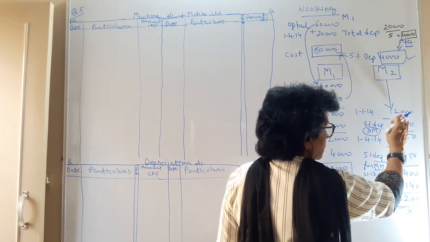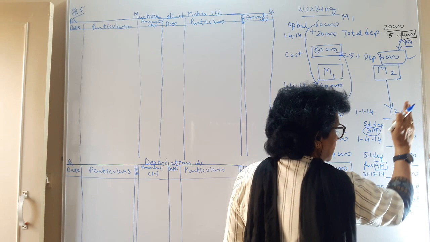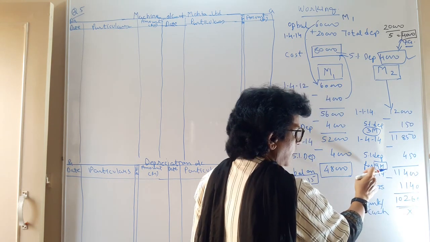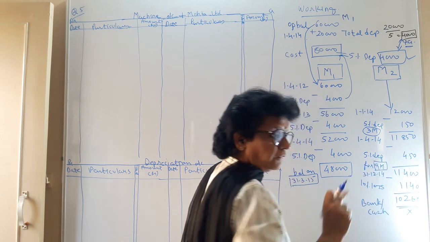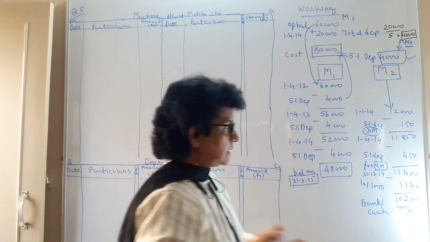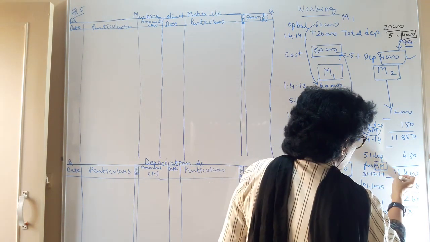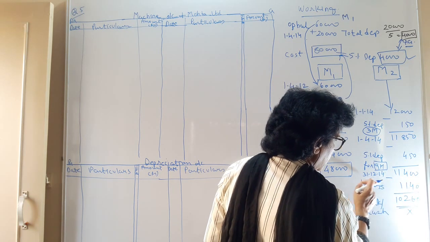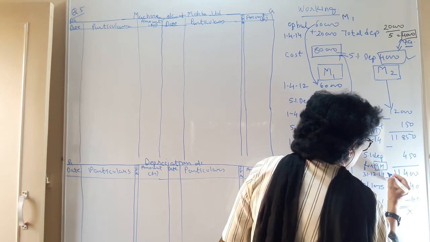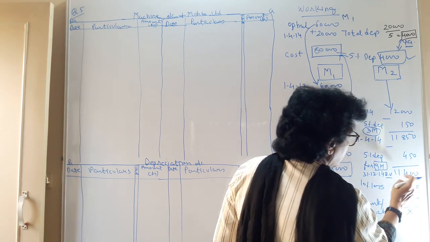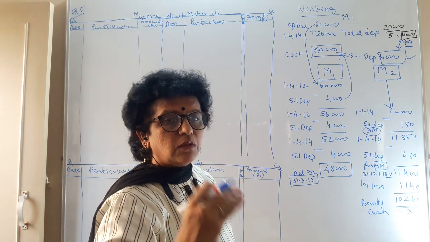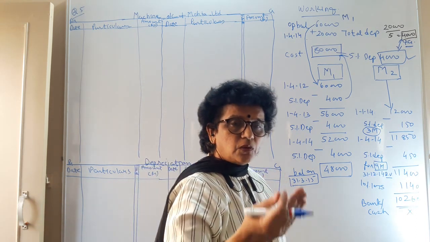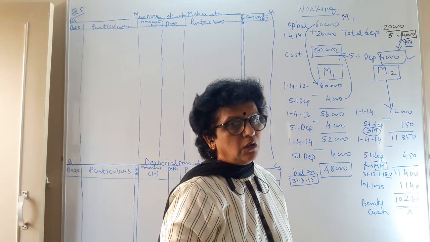For 12 months, 5% means 600. Then for 9 months, how much? It becomes 450. So you have to subtract 450 as depreciation. So your book value on 31/12/14, when you are selling your machine, is 11,400.